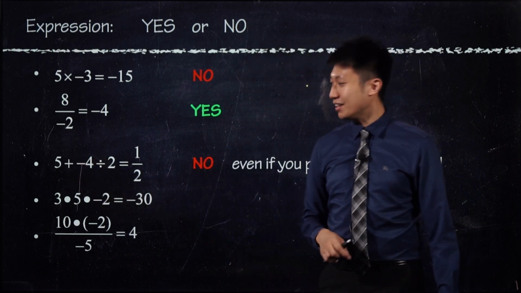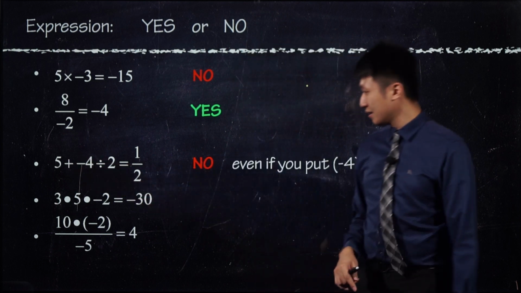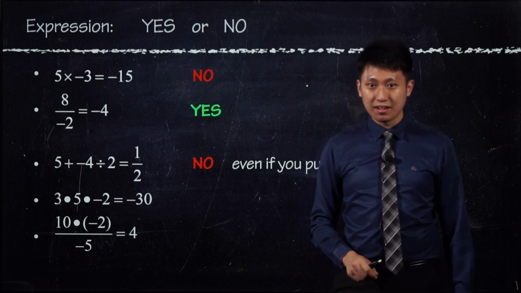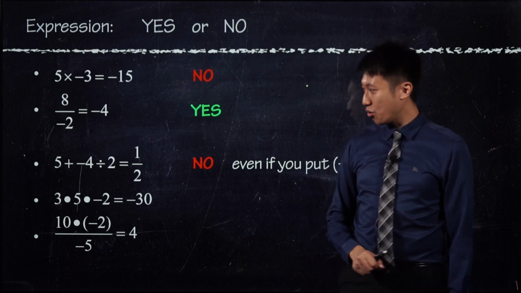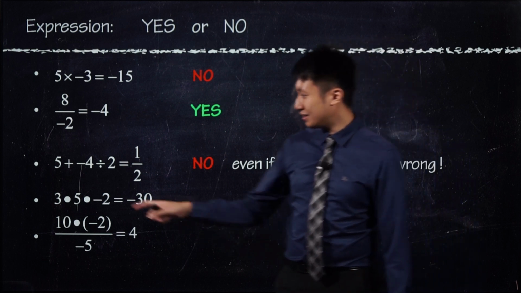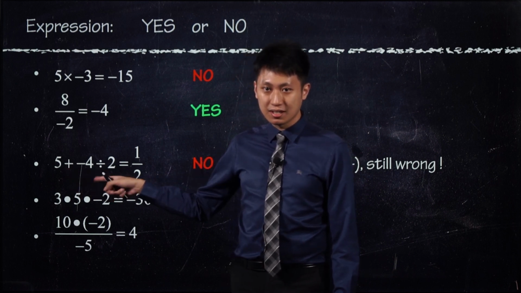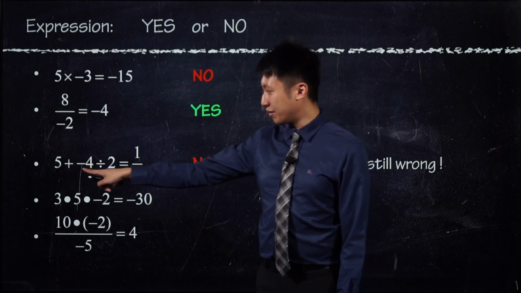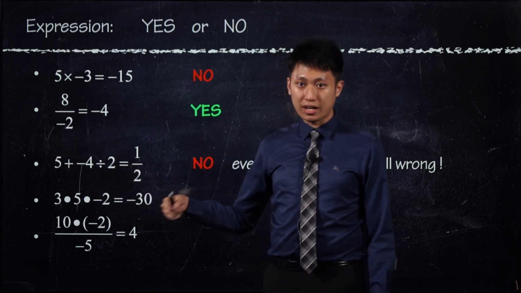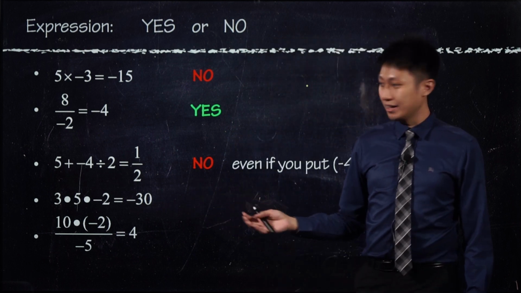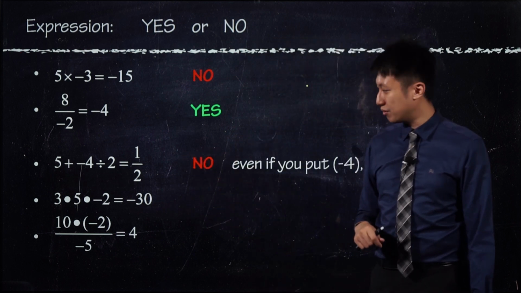But now, let's say if I put a bracket here, what answer do you get? Do you get half? The answer is no, you don't get half. Why? Because you do the division first. If you divide -4 by 2, you get -2. Then 5 plus -2, you will get 3, not half. Be careful about this.